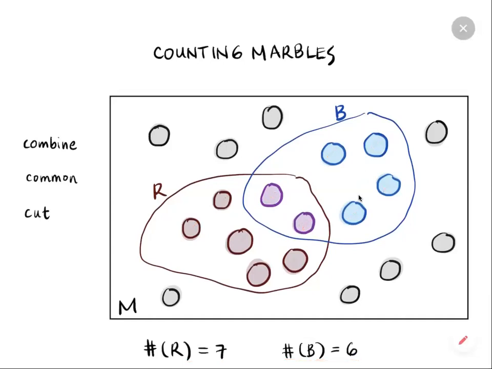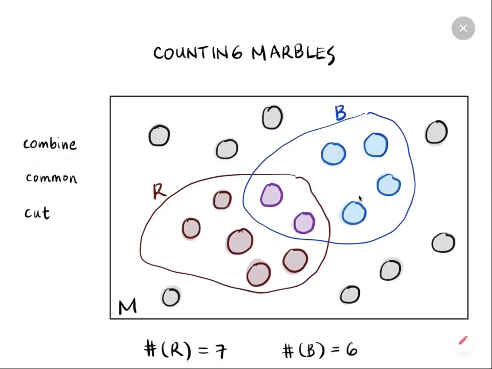So here we can count these two portions, R and B. If we can count the collections R and B, then one could also, in principle, compute the number of elements of the combination, the elements common to the two sets, and what remains if you cut one set from the other.